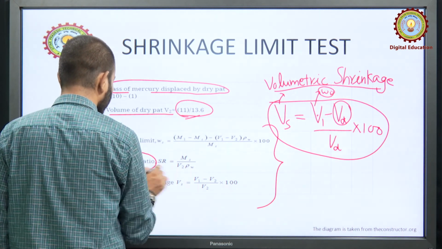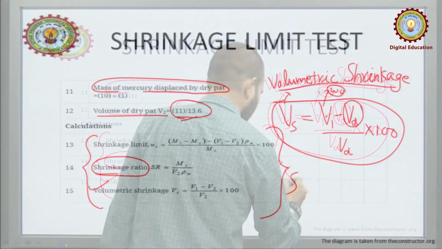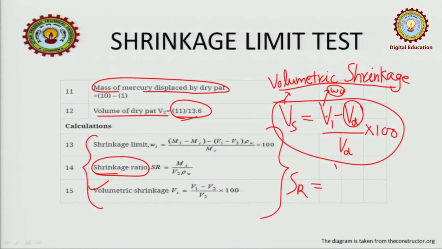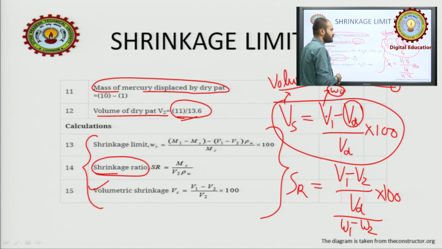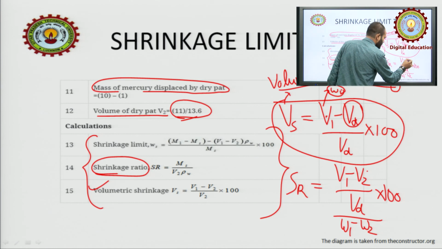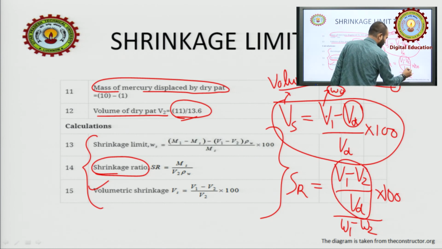What is shrinkage ratio? Shrinkage ratio is (V1 minus V2) upon Vd, whole upon (W1 minus W2), into 100. What is shrinkage ratio? It is actually a ratio. In this case, remember, we do not have the same parameter here.